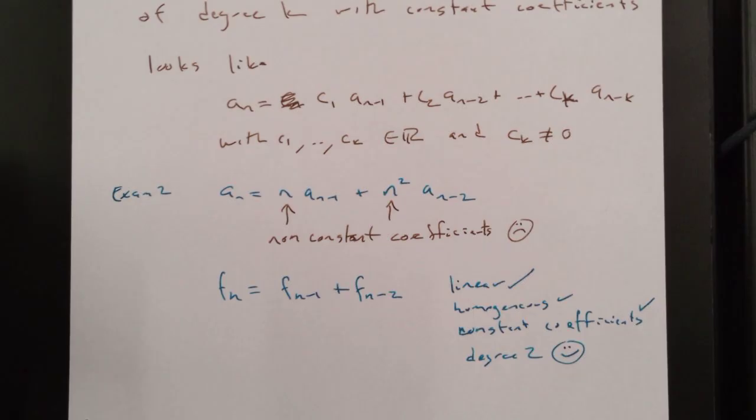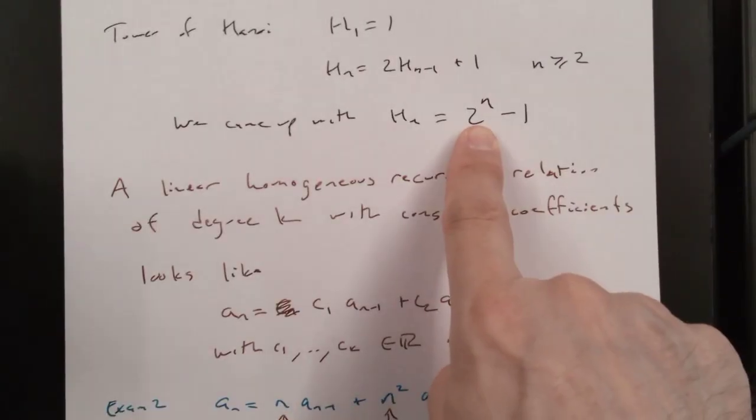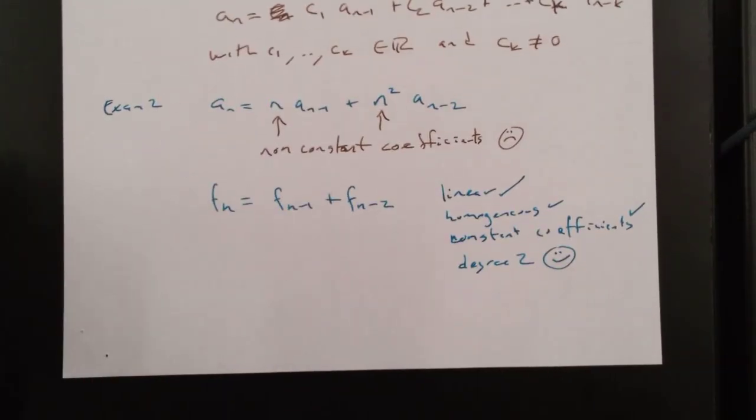What does solving it mean? Finding an expression that's not a recurrence. Great. How am I supposed to do this?